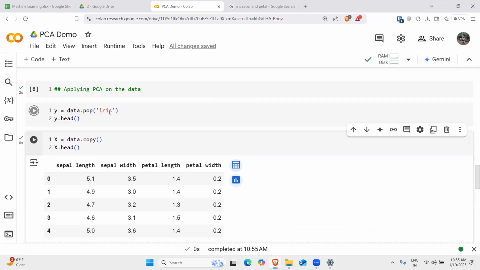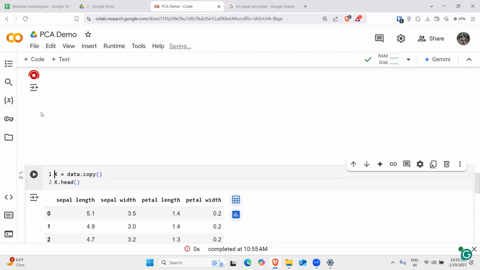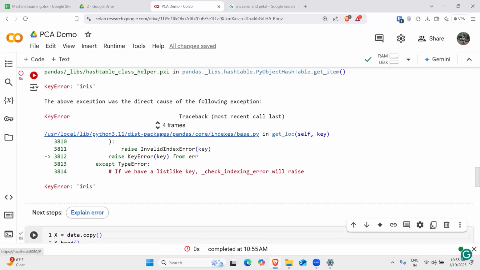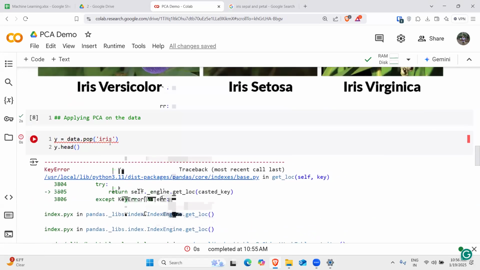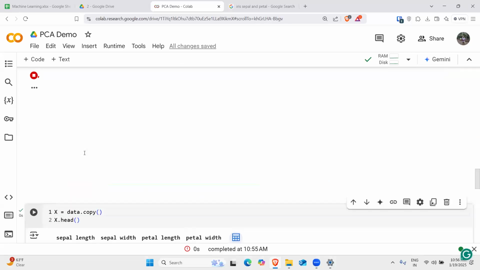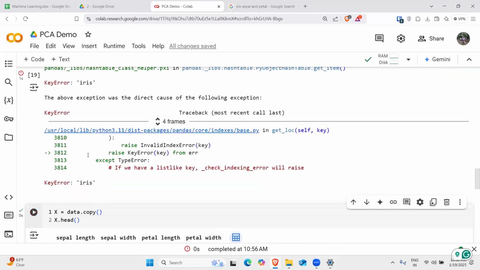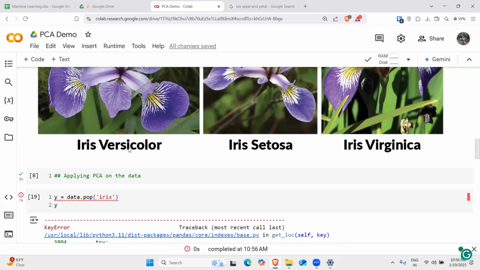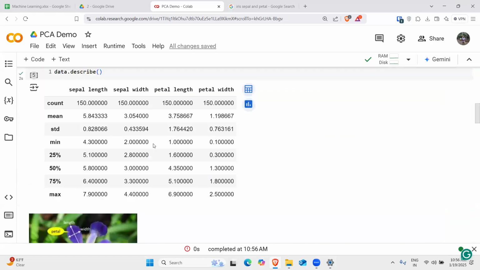Simple. It says data does not have the iris column.